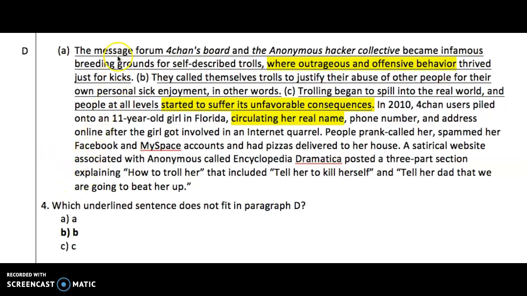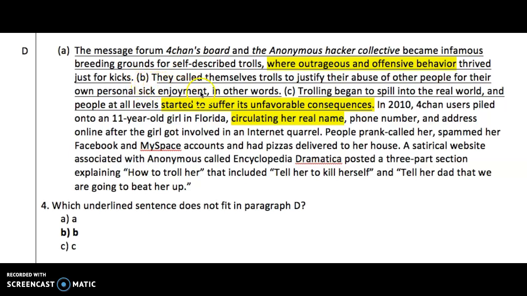So let's start. The first sentence talks about some trolls and their outrageous and offensive behavior. So these trolls acted in a bad way. They were very angry and they offended people.